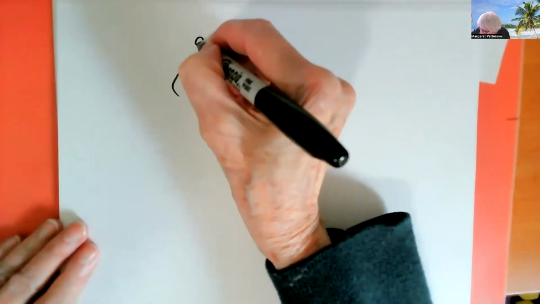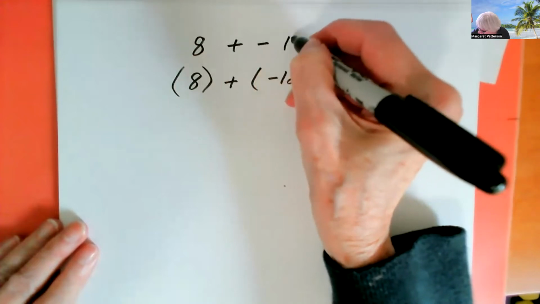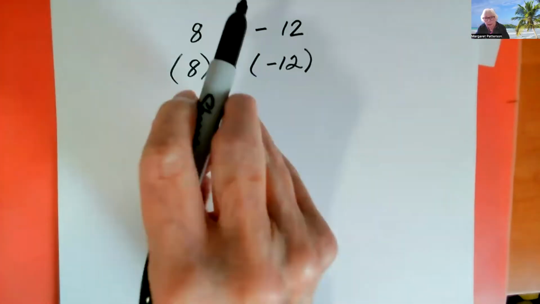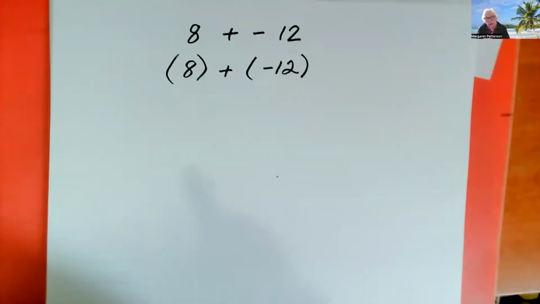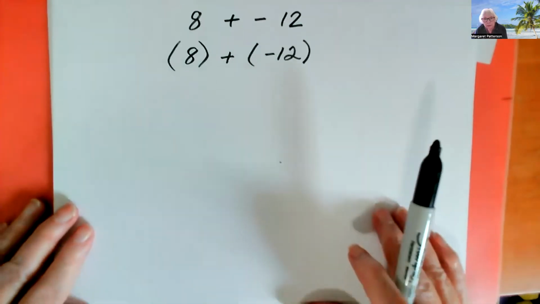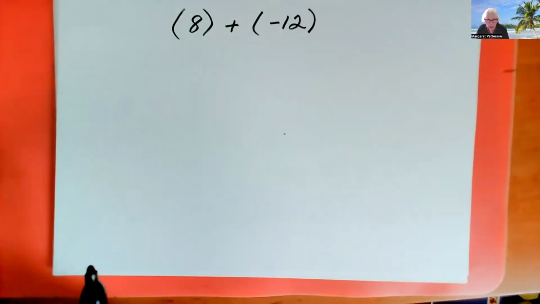I'm going to take the parentheses away and you'll see the problem without the parentheses. The sign plus and then the sign minus, and it's like you're not really sure whether you're adding or subtracting or what. And so when you put it in parentheses, it's a visual thing. It's not a math thing.